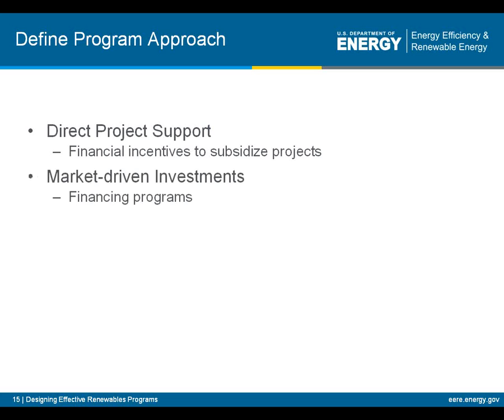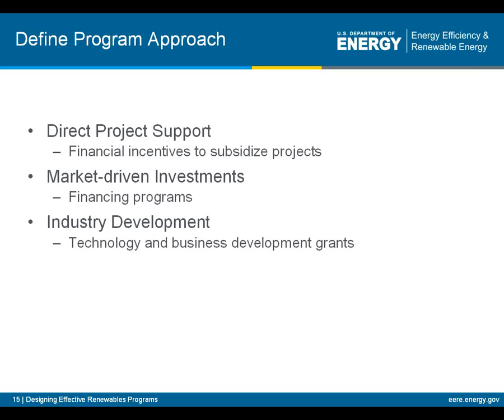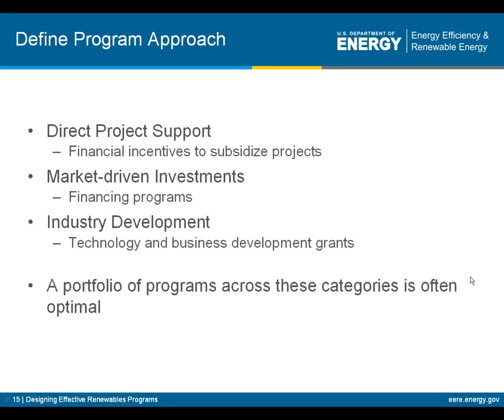There are also market-driven investments, such as financing programs, and programs designed to support the development of an industry through technology innovation and support grants, business development grants, marketing and outreach, training and certification for the market. And it's often really helpful to design a portfolio of programs across these categories to provide different kinds of support in different places, when you have the budget and the ability to do that.